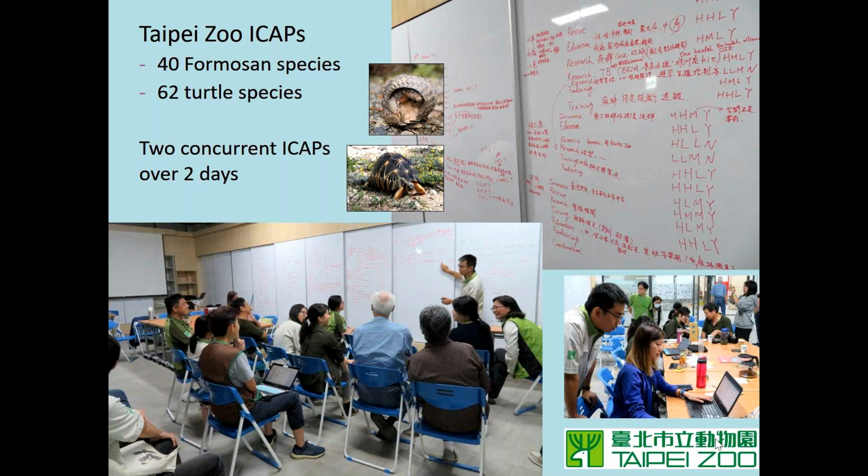Some of those were a few animals, some were hundreds of animals. And how could those collections be used for conservation benefit? There was a second one run on various species from Taiwan as well, and it gave their zoo a way to focus the conservation benefits of the species in their collections.